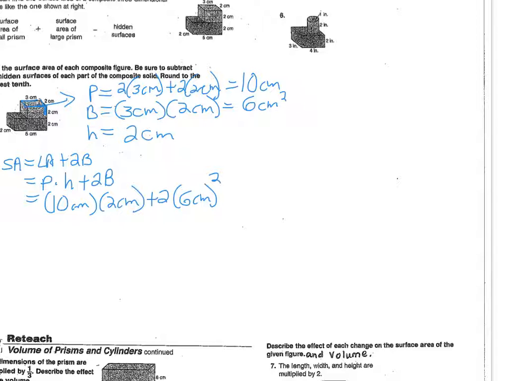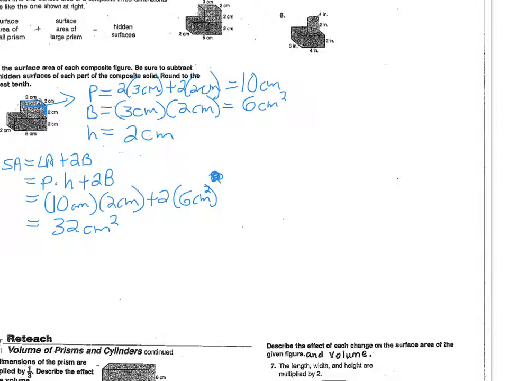So let's put that in the calculator. The surface area is 20 plus 12, isn't it? 32, so it's 32 square centimeters. So that is the small prism.